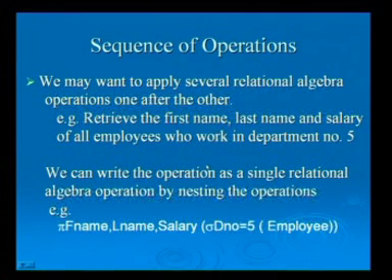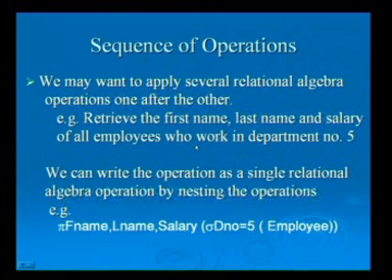The next one is how to apply a sequence of operations. We may want to apply several relational algebra operations one after the other. For example, let us consider that you want to retrieve the first name, last name and salary of all employees who work in department number 5.